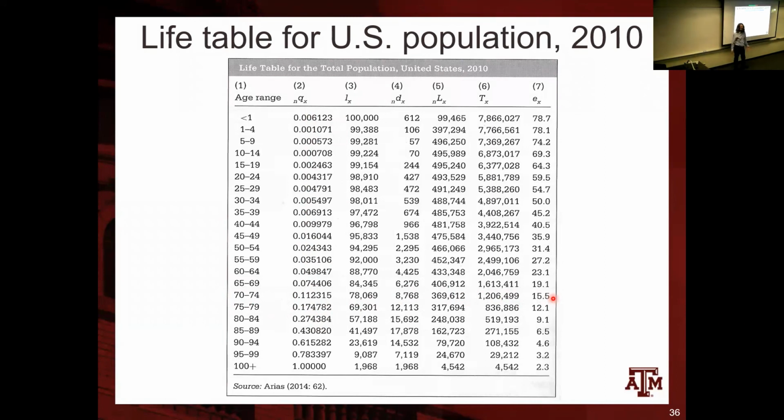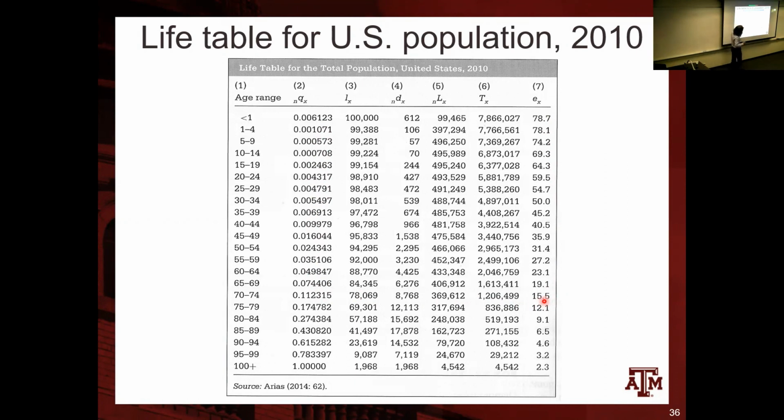Wow, that's a good credit. 85.5 compared to 78.7 at the beginning of the table, because these people overcame all these chances of dying, they didn't die.